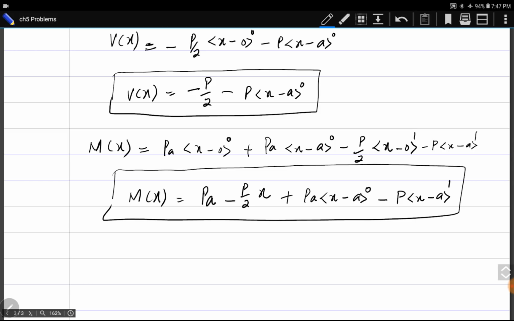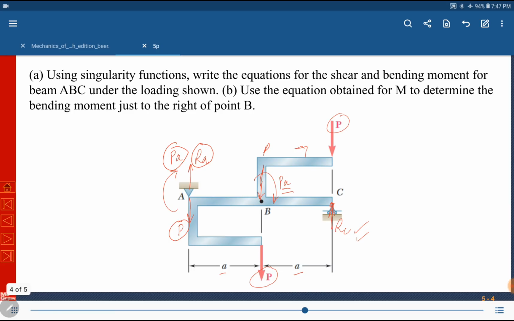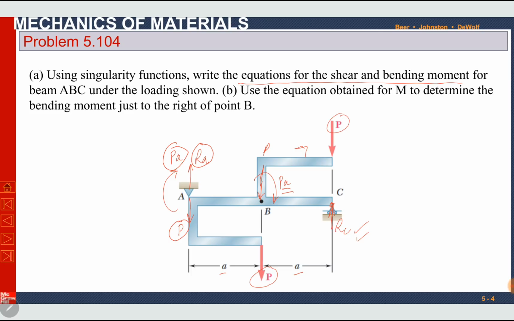Okay, this is the first part of the problem, to derive or to write the equation for shear force and bending moment using singularity function. The last part is to use the equation obtained for moment to obtain the bending moment just to the right of point B. Point B is at x equal to a. Just to the right means x greater than a.